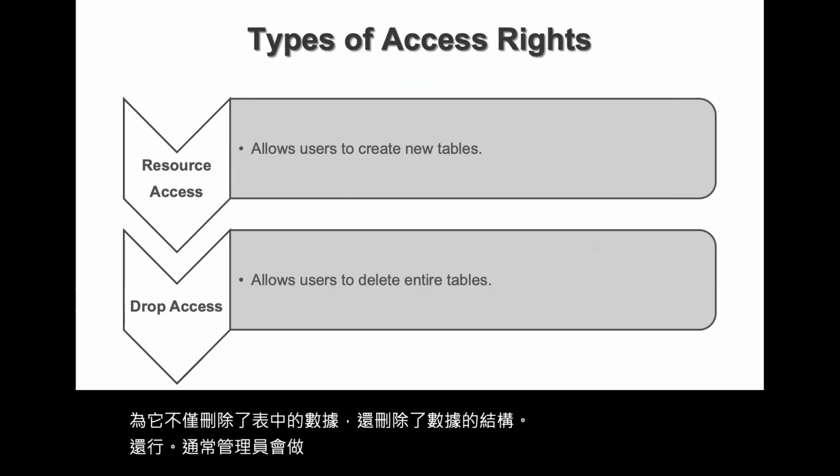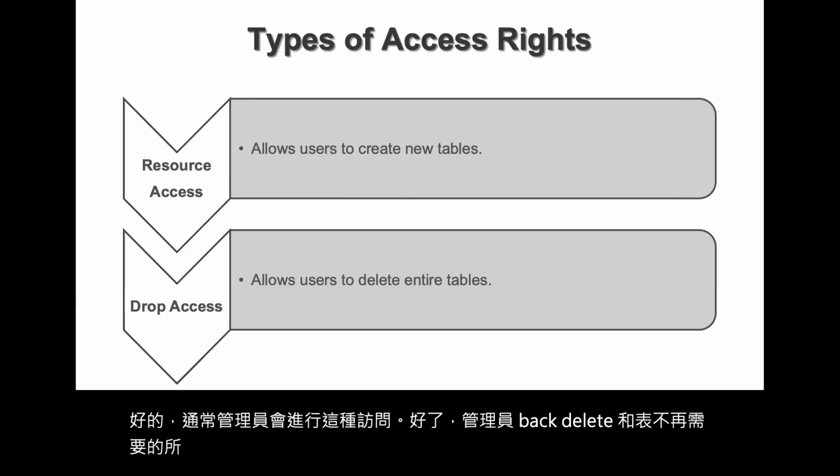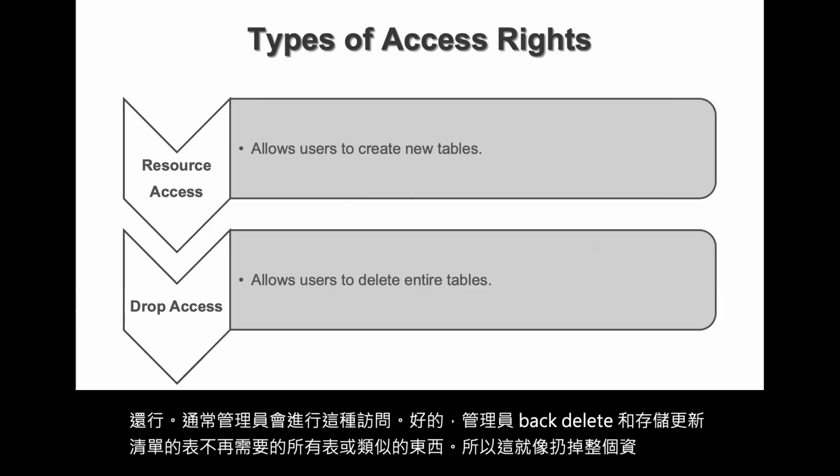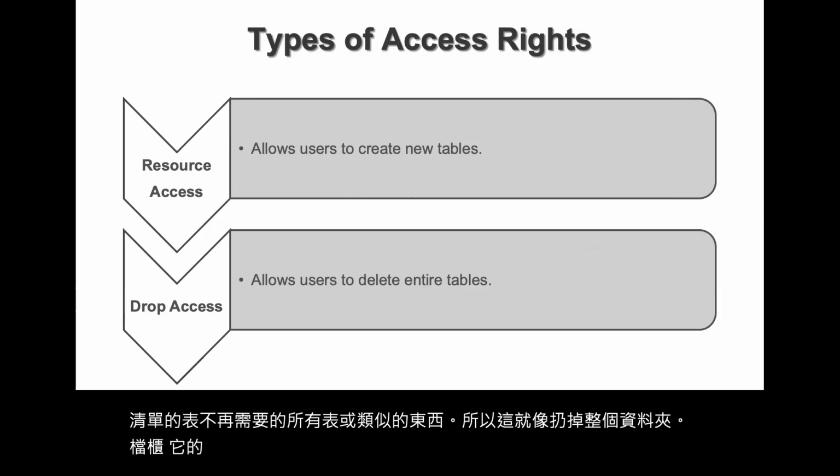The admin might delete an old table that's no longer needed, like a table storing outdated inventory records. So it's like throwing away the entire filing cabinet, including all the documents inside it, right?